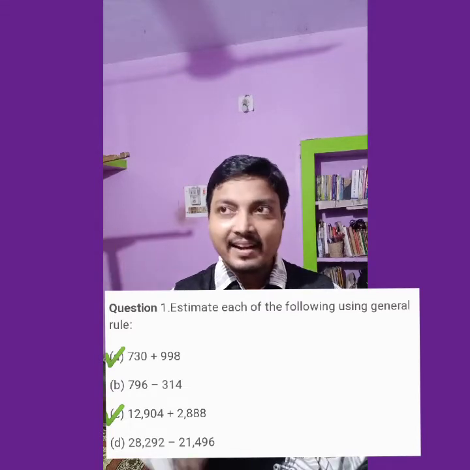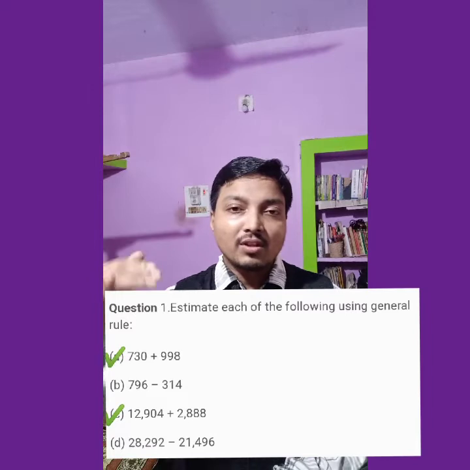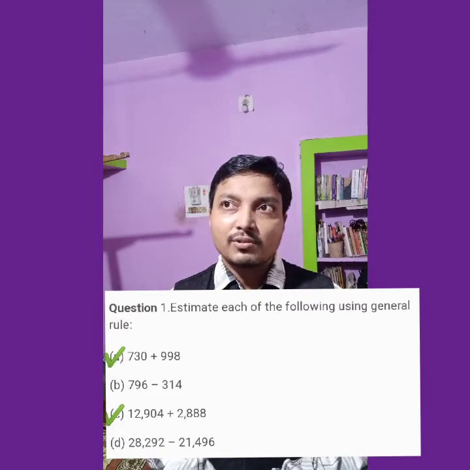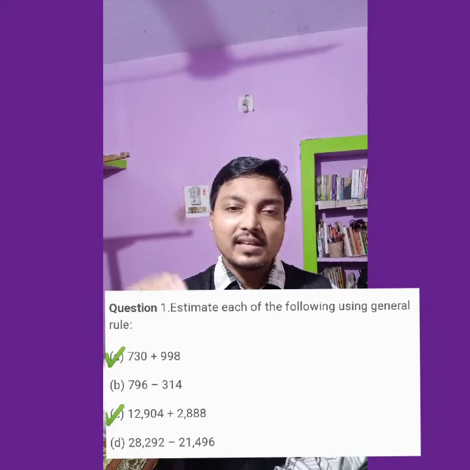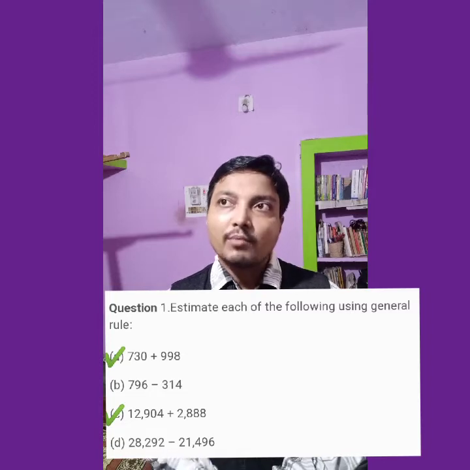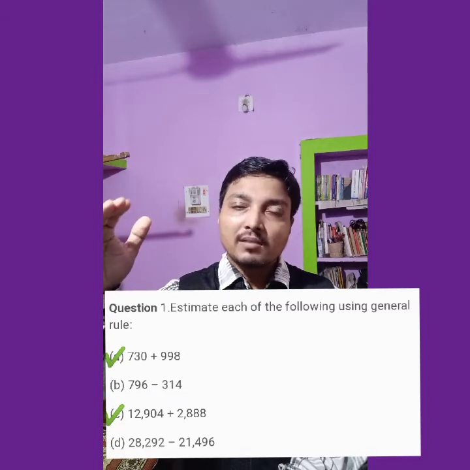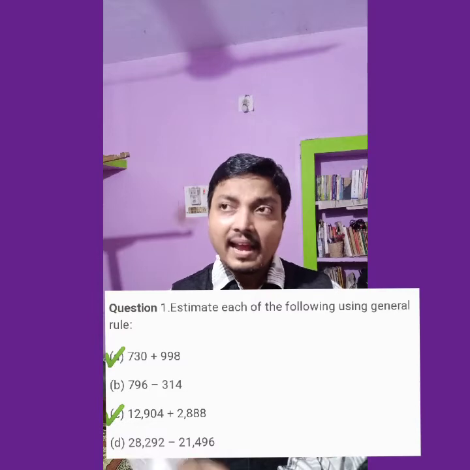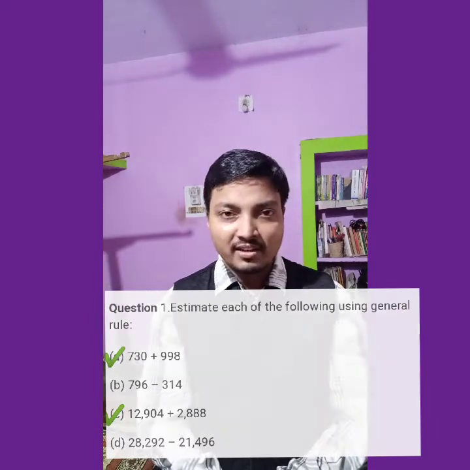730 and 998. As both numbers are 3-digit numbers, the highest place is the 100s. So we have to round the first number to its nearest 100 and the second number also to its nearest 100.